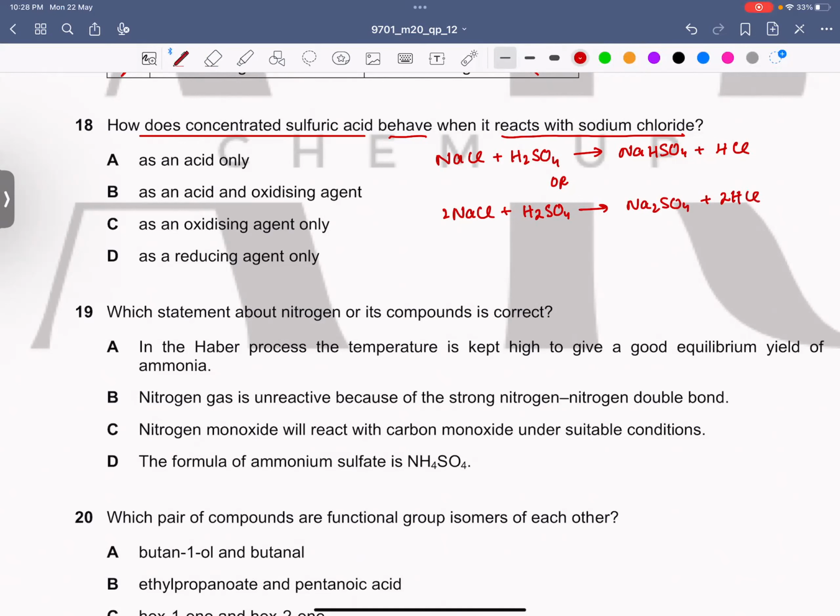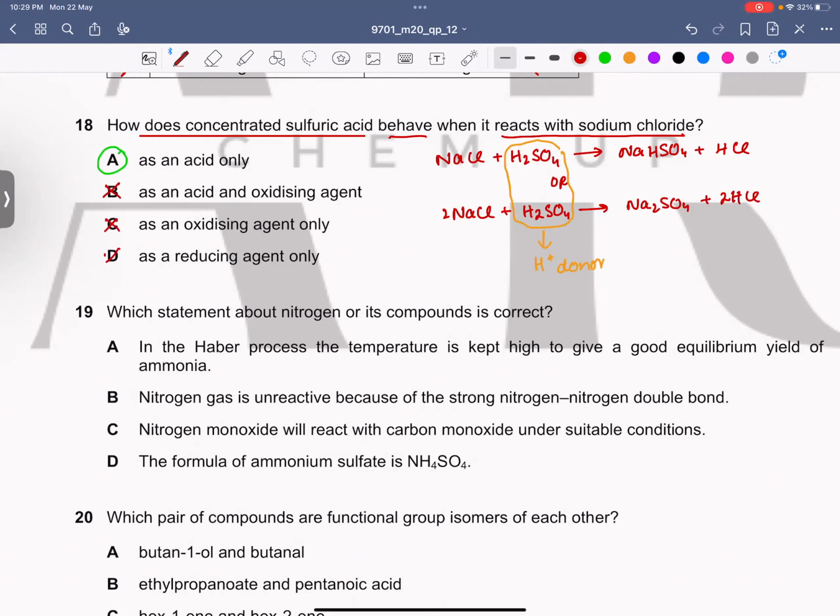If you look at the behavior of sulfuric acid in both the cases, sulfuric acid is actually donating the hydrogen ion. It's an H positive ion donor. So it means it is behaving as an acid only, which means A option is correct and the rest of the options are wrong.